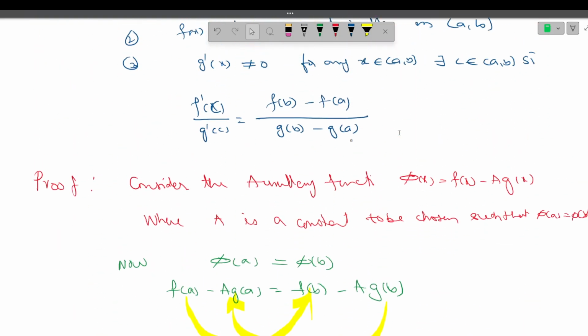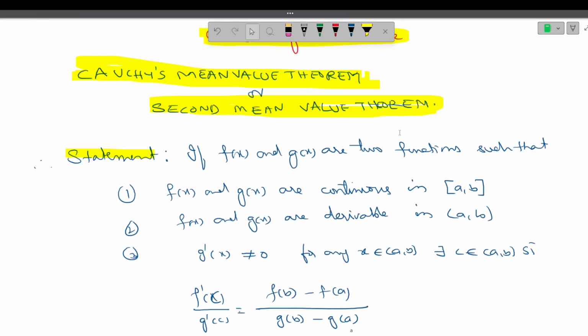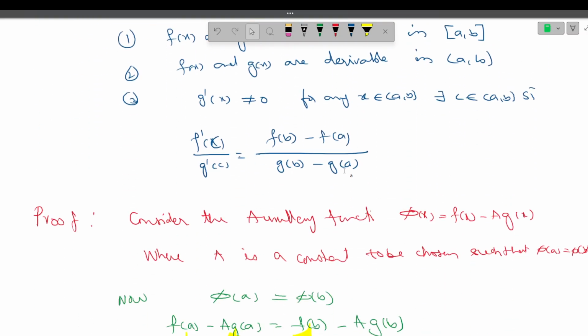See here one more time. What is the statement? f of x and g of x are two functions continuous in the closed interval [a, b], derivable in the open interval (a, b), and the third condition, g dash x is not equal to 0 for any value of x.